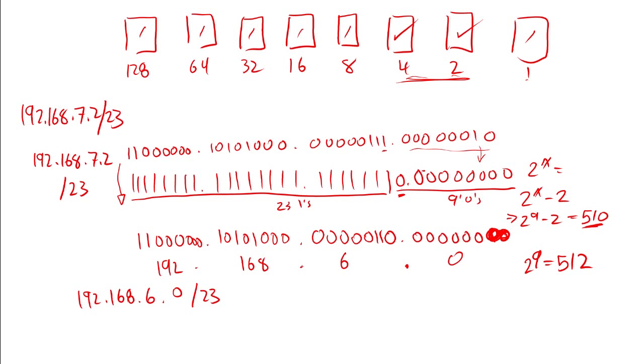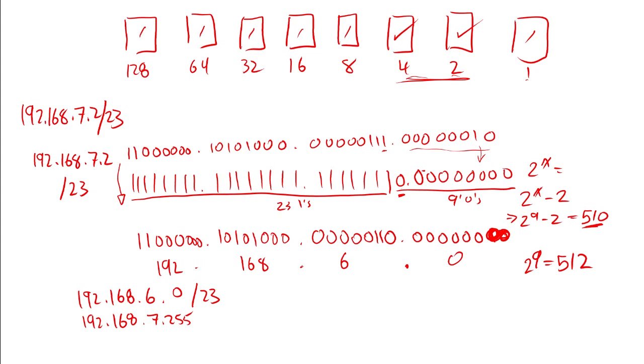So to know what the last address is in this network, you can tell just by looking at it that it's going to be 192.168.7.255.